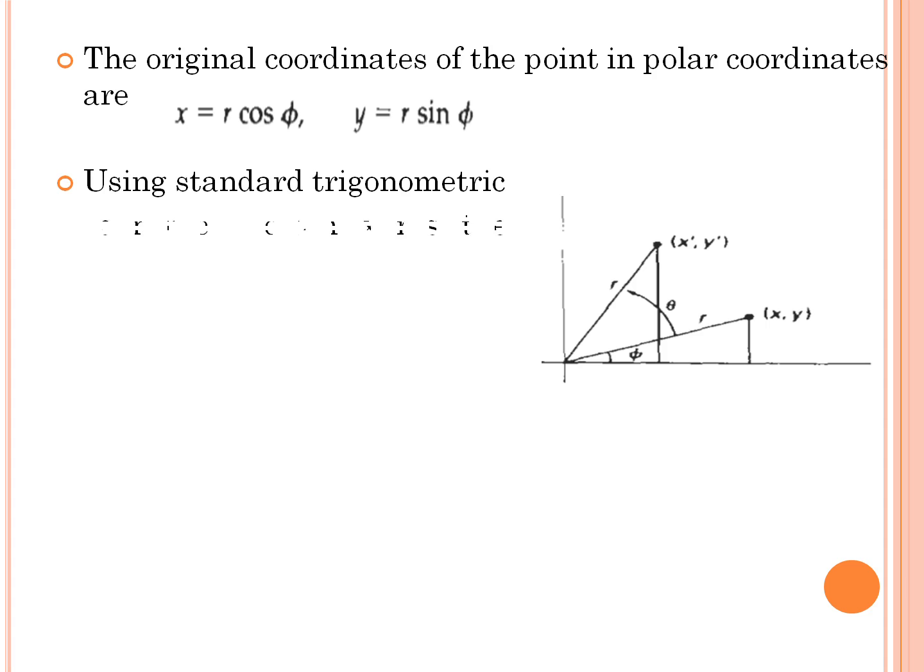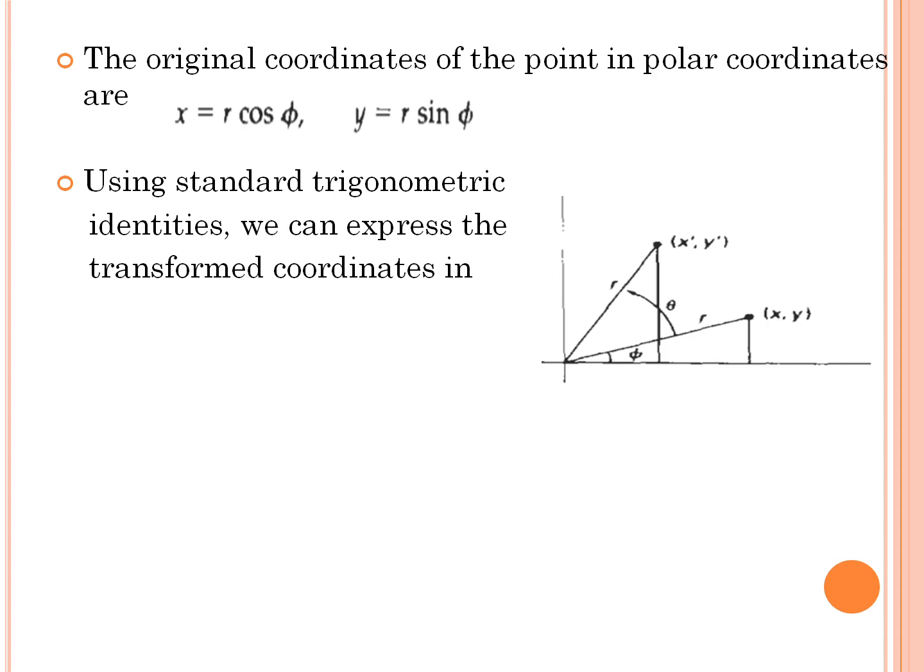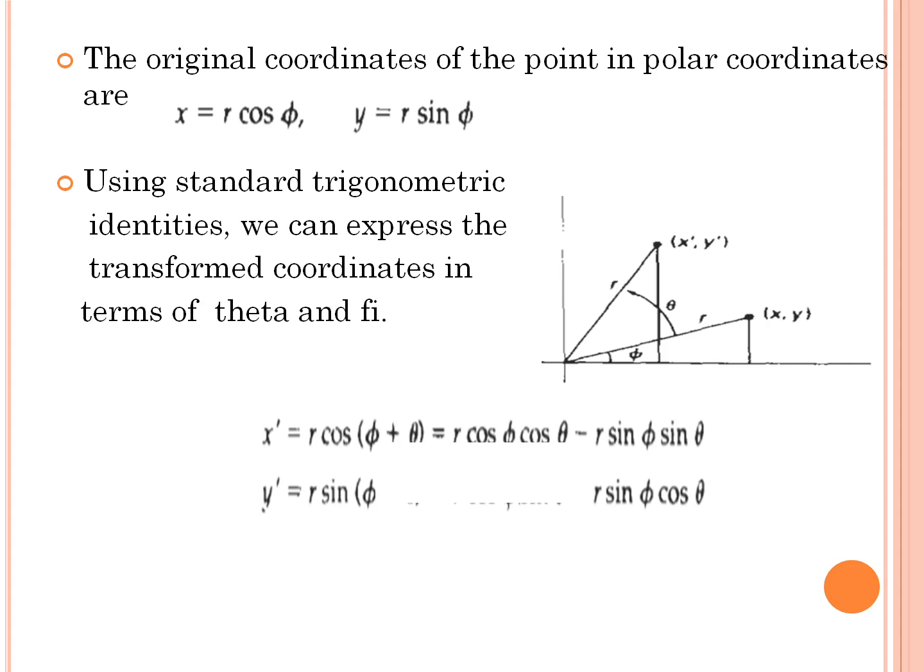Using some standard geometric identities, we can express x dash comma y dash in terms of r, phi and theta. So x dash equals r cos of phi plus theta. By using the cos A plus B formula, we get r cos phi cos theta minus r sin phi sin theta.